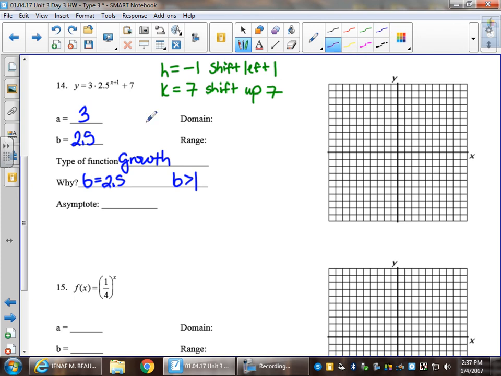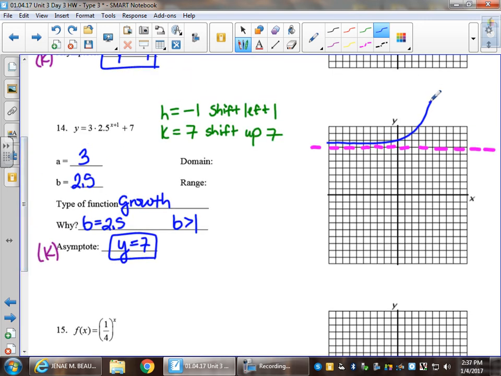Asymptote comes from K. Y equals 7 is my asymptote because K is 7. I'll graph that first. 1, 2, 3, 4, 5, 6, 7. Dashed line right there. This is growth. So from left to right, it starts close to the asymptote and increases, goes away from the asymptote.